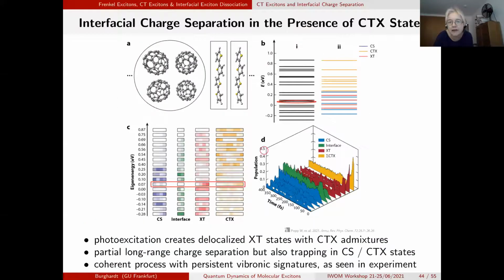This can be included in the simulations, and we see that this is a case where the system is vibronically hot, and we rather rapidly populate charge separated states at a long range separation. So the green states are the interfacial states, which are dominant, where we also go to charge separated states at larger distance.